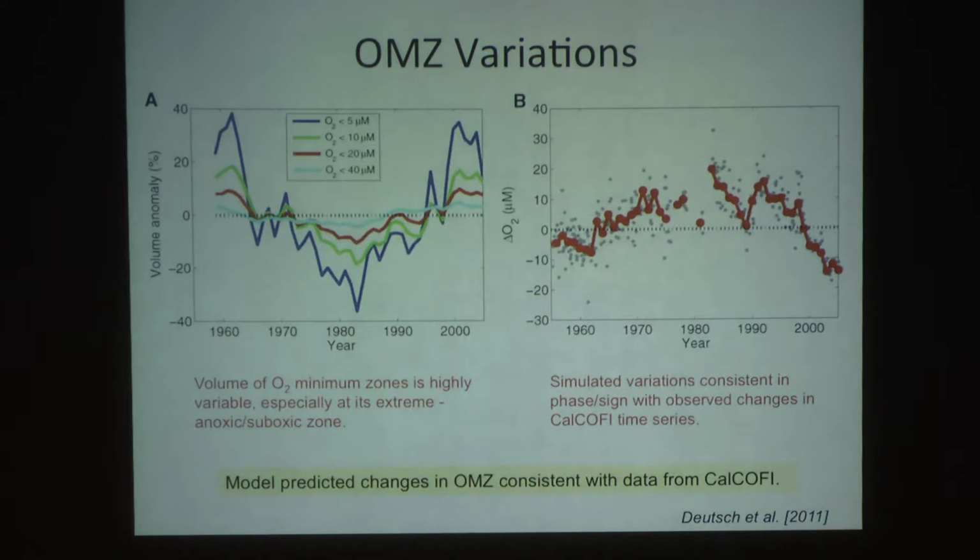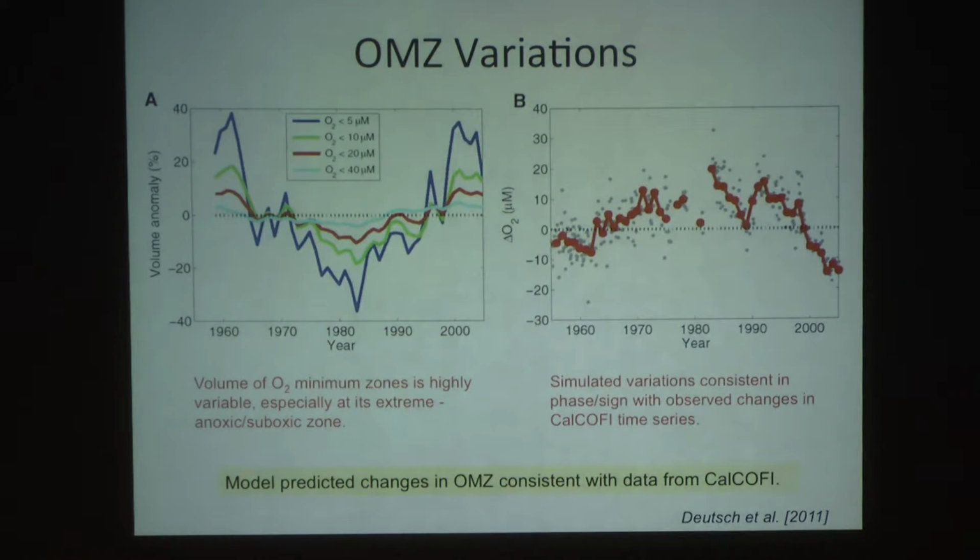And it goes up and down no matter what oxygen threshold you use, but it goes up and down the most if you're interested in the anoxic part of the water column, between its peak volume, 40% above the normal, and its minimum volume, 30% below. There's something like a twofold contraction and then expansion of the anoxic zone, in this case in the Pacific Ocean, over the past 50 years.